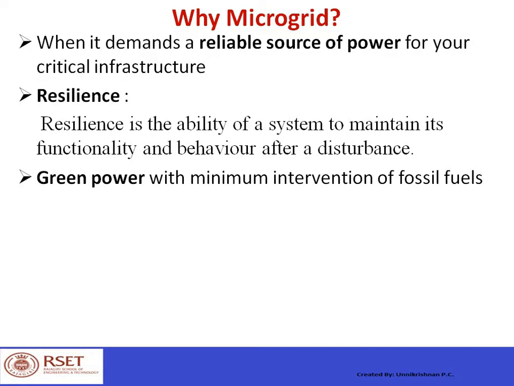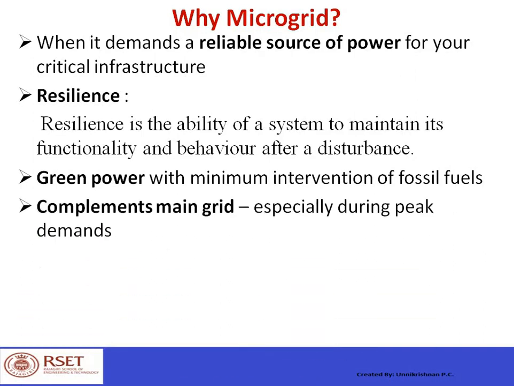Green power. Once again, the dependability on fossil fuels we are reducing by using renewable energy sources and connecting all these renewable energy sources with the microgrid. It complements my main grid, especially during peak demands. The main problem with our electric grid is it will be loaded at certain times and not loaded at certain times.